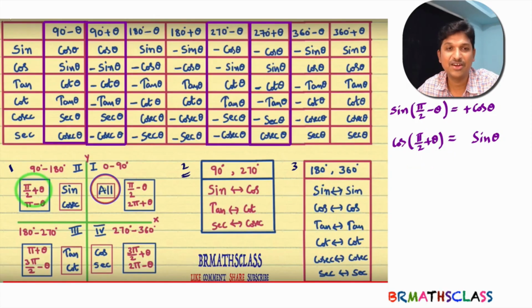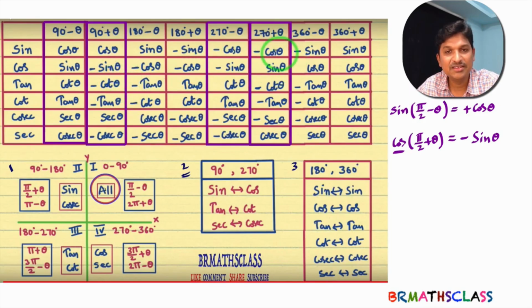It lies in the second quadrant. In the second quadrant, is cos positive or negative? In the second quadrant, cos is negative. Correct? So cos pi by 2 plus theta is minus sin theta. I hope you are understanding.